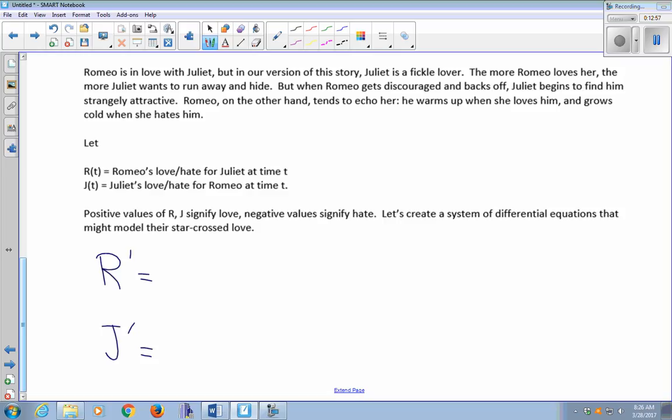Okay, so let's think about Juliet first, because we started our description with Juliet. So the more Romeo loves her, the more she wants to run away and hide. So when Romeo's feelings are positive, Juliet's feelings are decreasing. Okay, so we're going to take the opposite of Romeo's feelings.